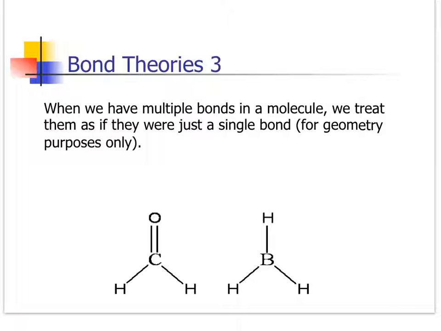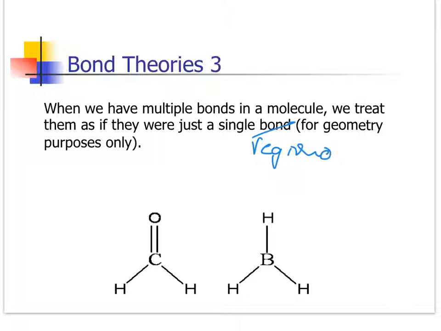And so we have to identify, well, how do we deal with that? It's best to treat them as just a single bond. Or actually, I prefer a single region. I'll change that here. So we're going to have that single region, so we don't get confused on whether it's a double bond or a triple bond.